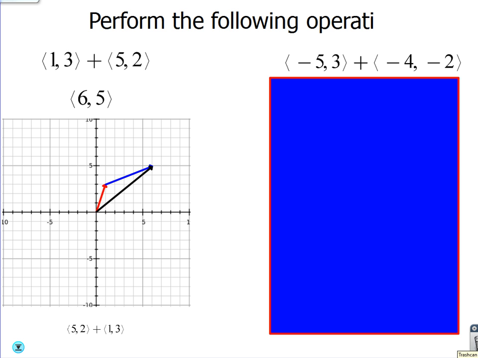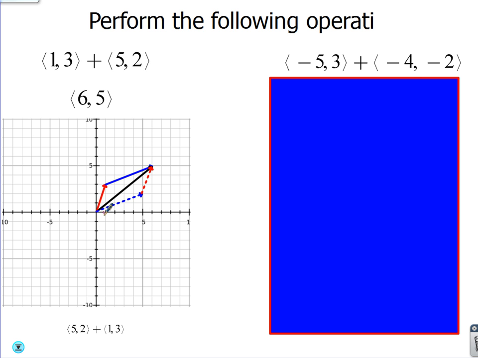Vector <1, 3> is right here. Here's vector <1, 3>, and if you actually drew vector <5, 2>, which is right here, copied <1, 3> to the tip of that, and copied <5, 2> to the tip of that, the resultant vector is that diagonal of the parallelogram.